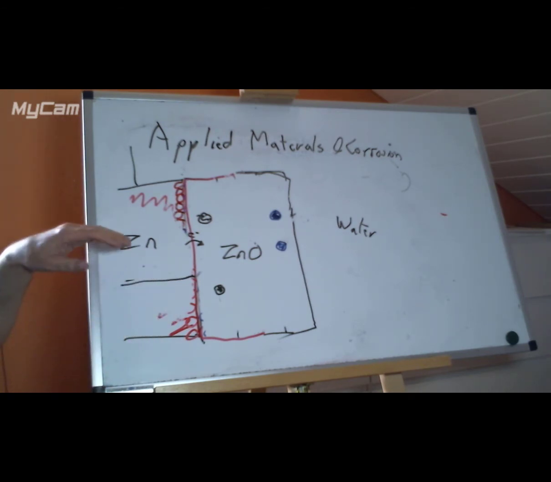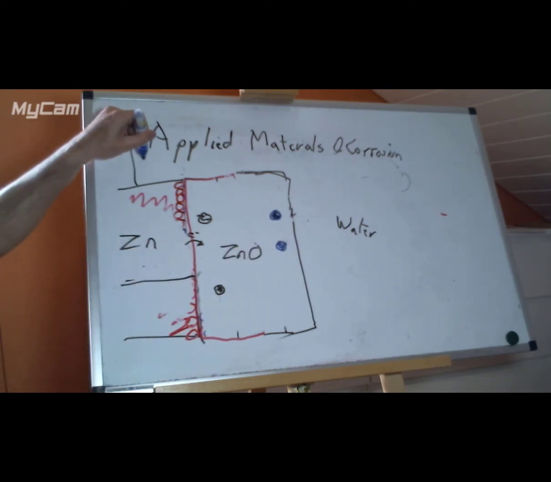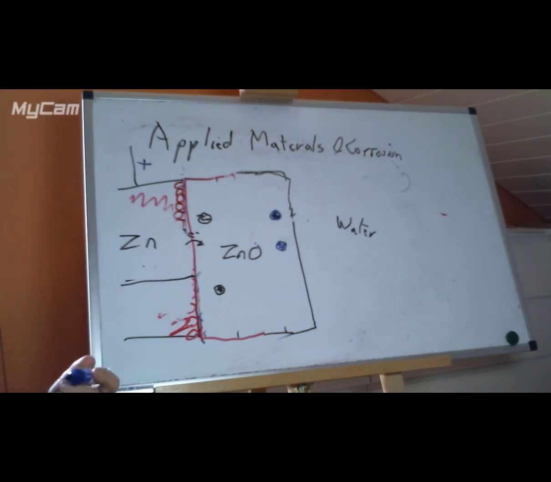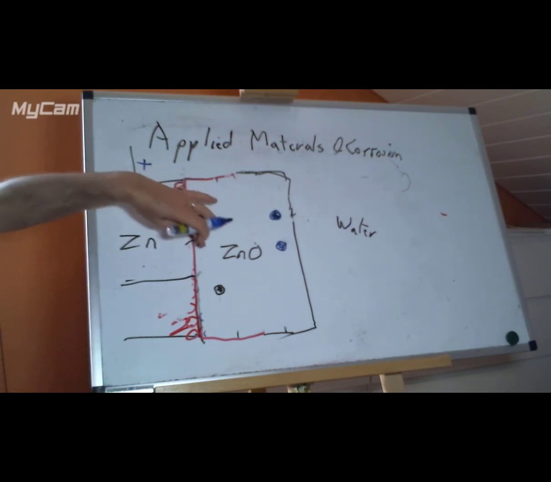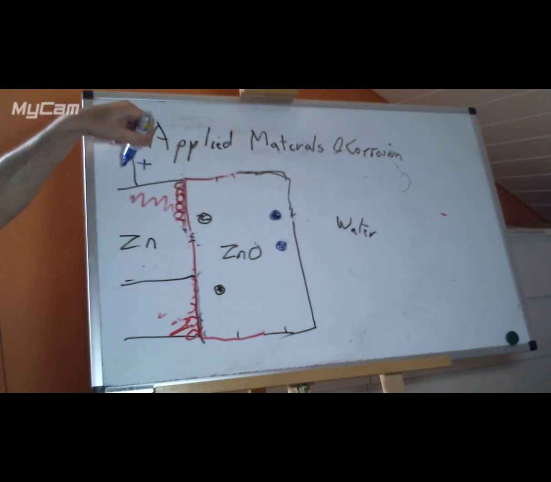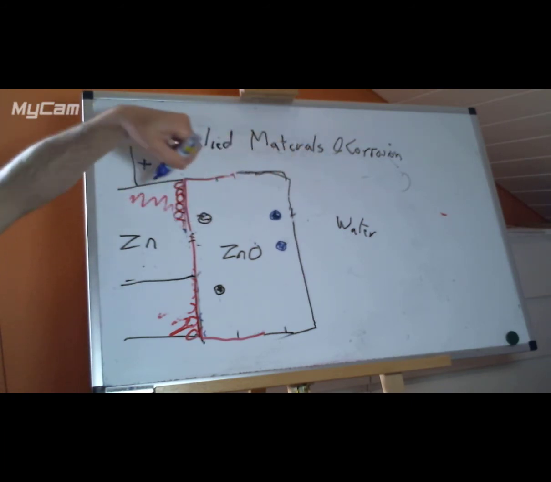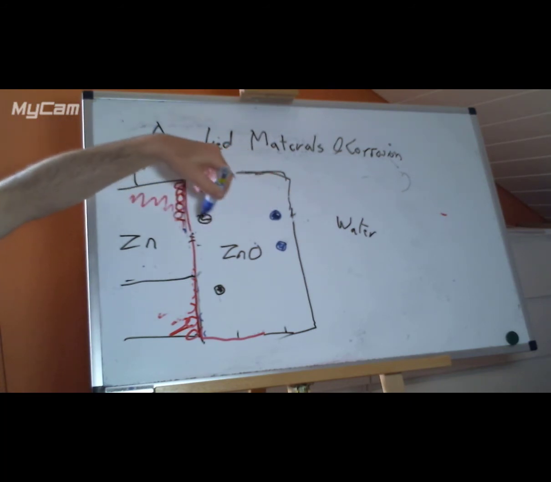If we take our zinc oxide and we want to make it corrode, we apply a positive potential to it to make it corrode, then we are going to be trying to pull electrons in this direction. We're trying to pull electrons to our positive electrode, allowing the zinc to disappear off into our solution.